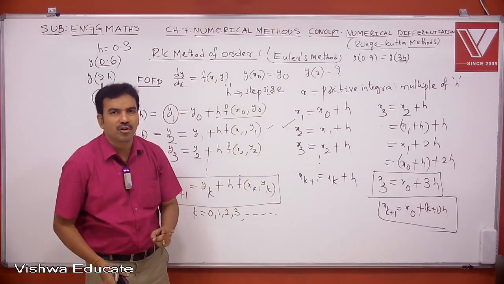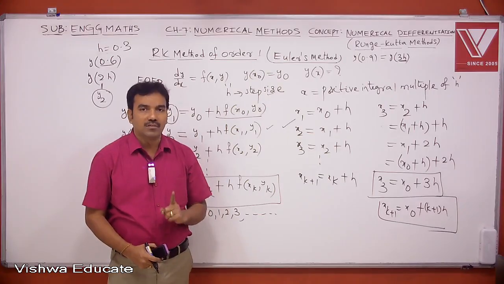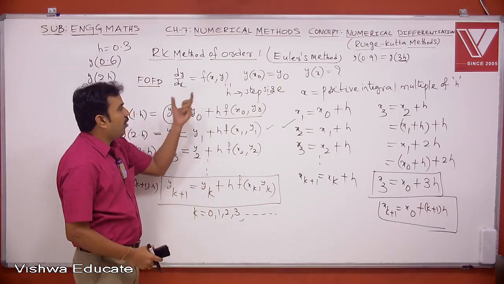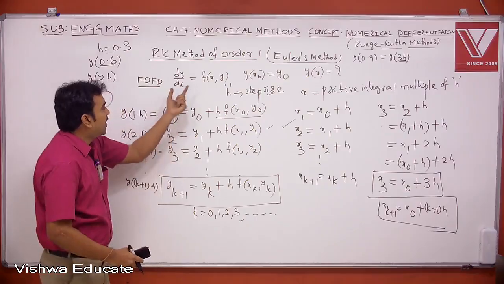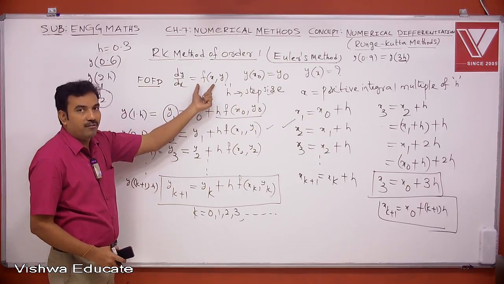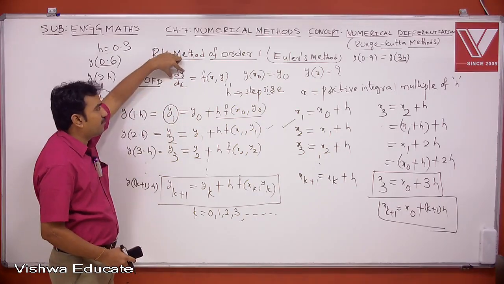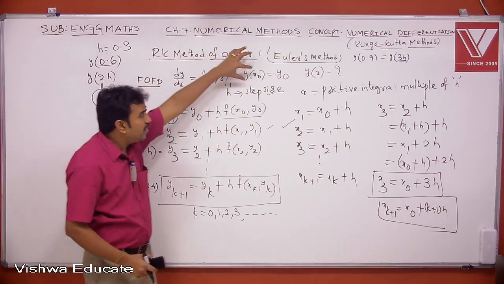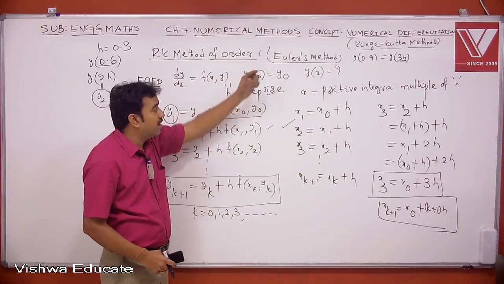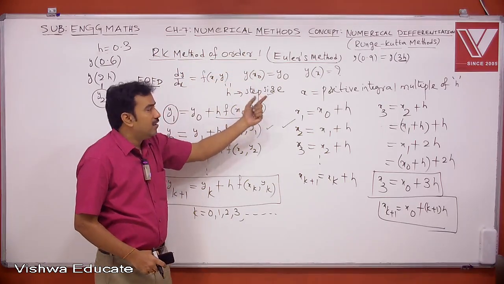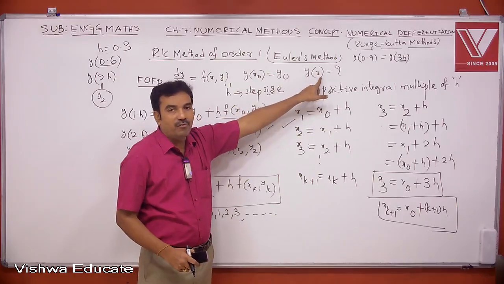Whether it is RK method of order 1 or 2 or 3 or 4, our problem is the same. What is my task? dy by dx equal to f of x comma y will be given. It is a first order and first degree differential equation. An initial condition must be supplied. Step size will be given. Then you need to find y at a value of x.